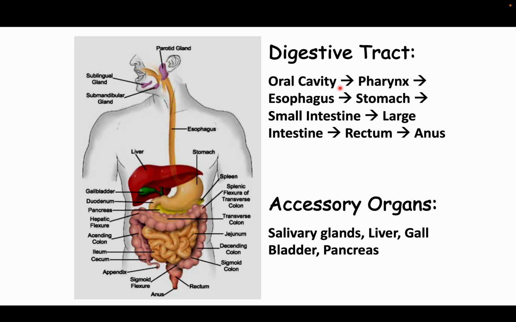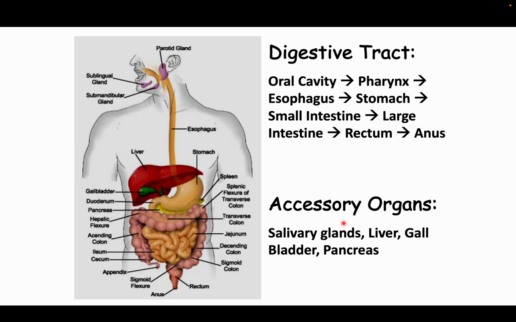So, except for the pharynx, all of these organs are the actual organs that food travels through. And the pharynx, it's more of a region, not a technical organ. But all of these organs are considered the main digestive organs because food chyme travels through them.